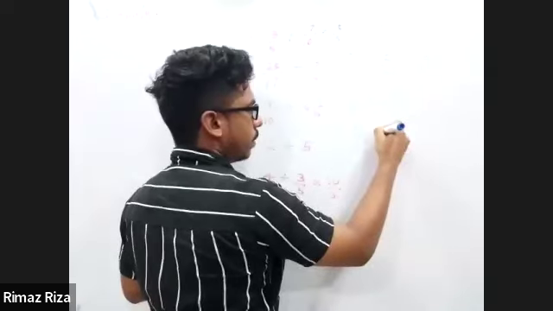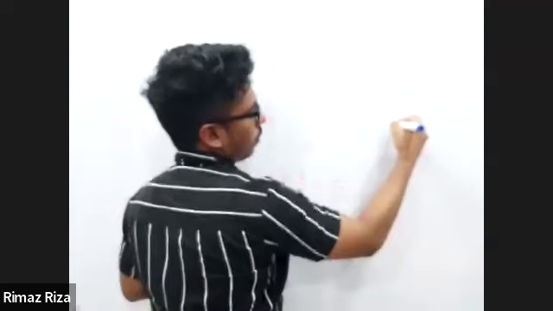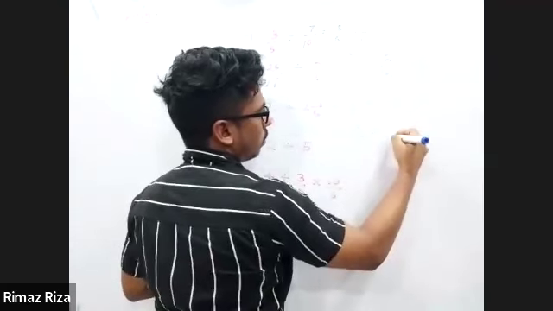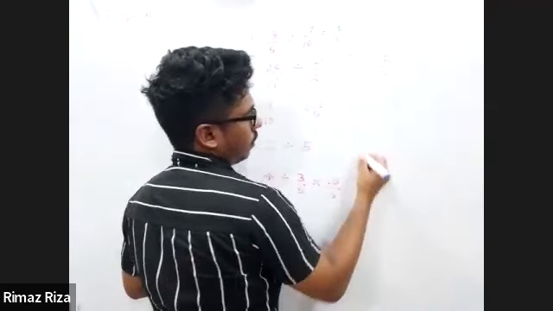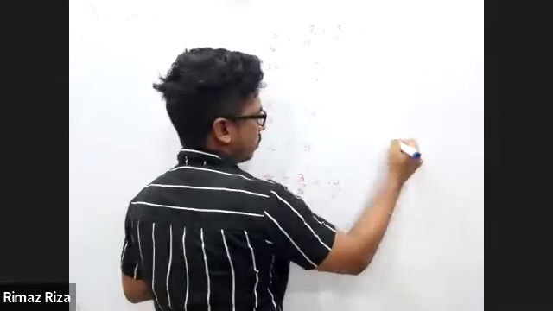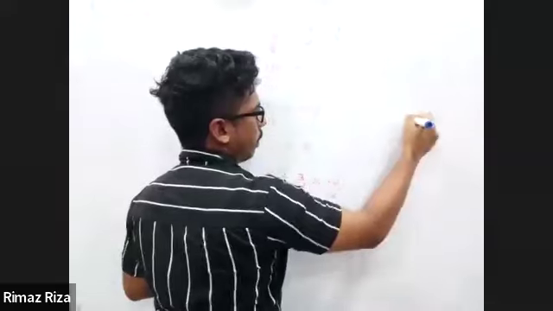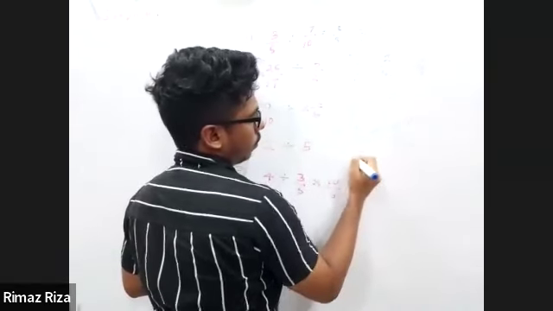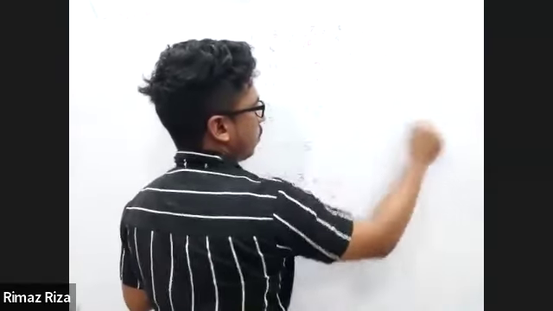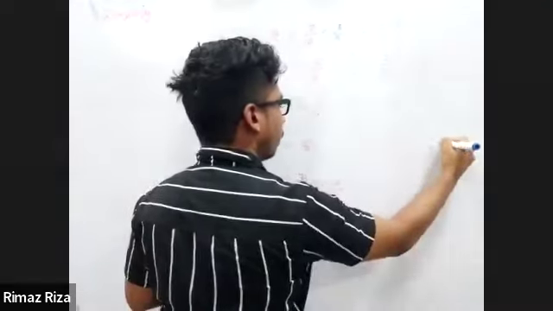The division becomes multiplication when you take the reciprocal, 5 over 12. So 6 into 1, 6 into 2, 5 into 1, 5 into 2. So the answer is 1 over 4.